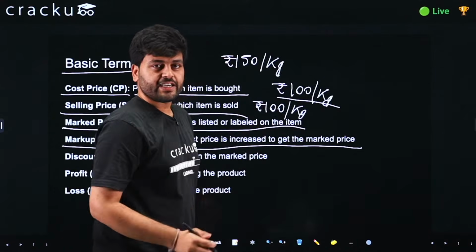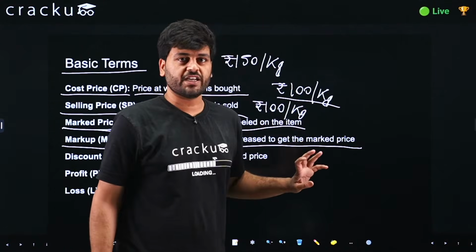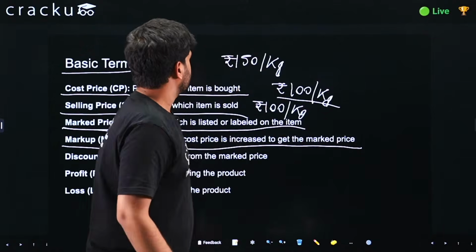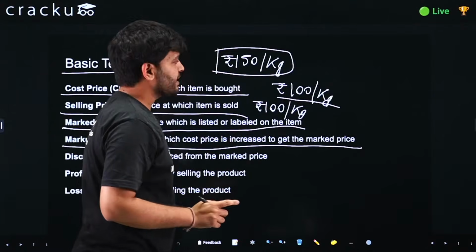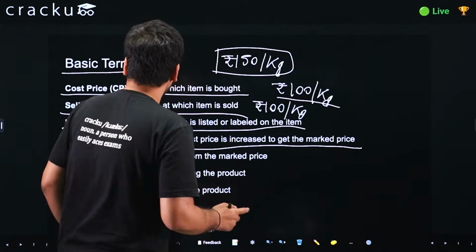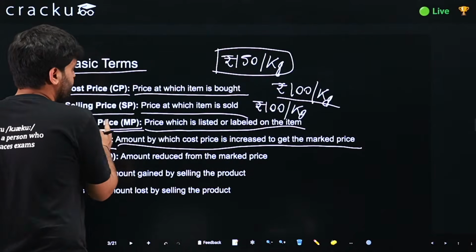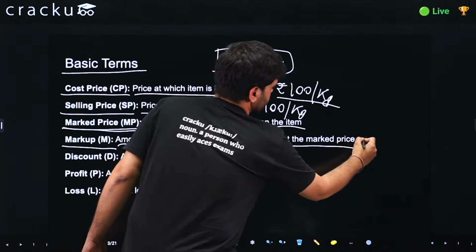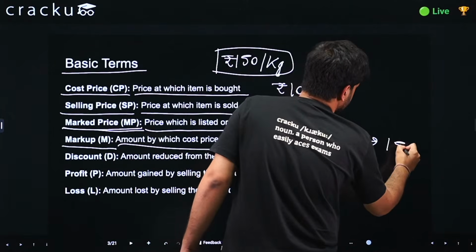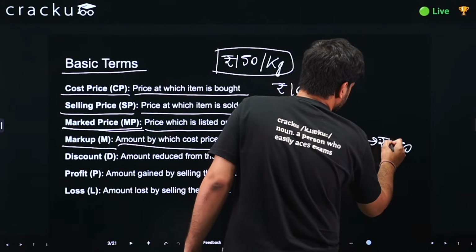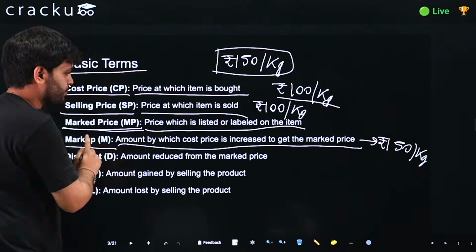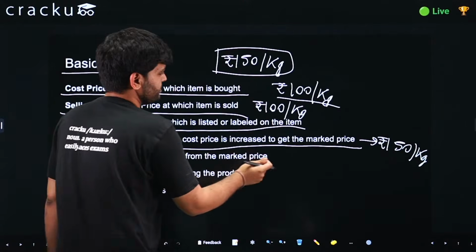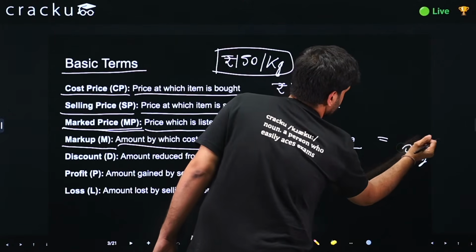It is obvious that I won't be selling them at 100 rupees per kg. So my mark price would be 150.